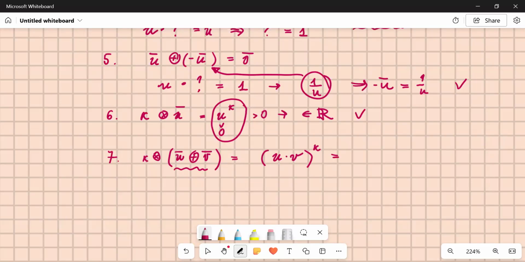If you raise a product to the power, it's like you raise the first number to that power and the second number to the power, then multiply them, which is going to be exactly what? This one, u to the k, it's actually k cross u. This multiplication is actually addition, and this one is k cross v. Okay, so we did a distributive law. Distributive law works.